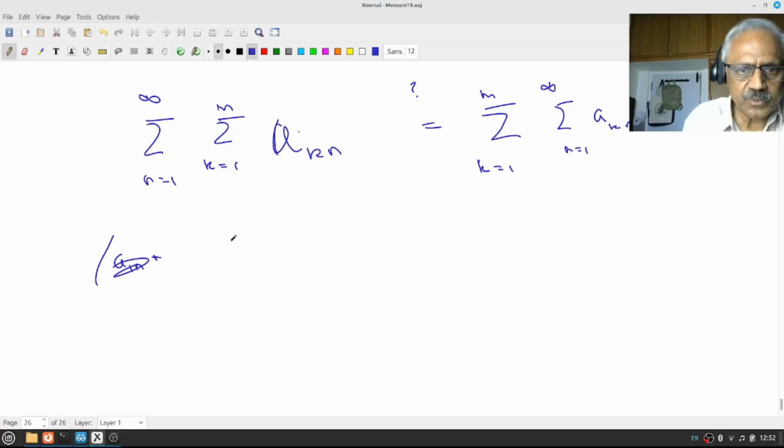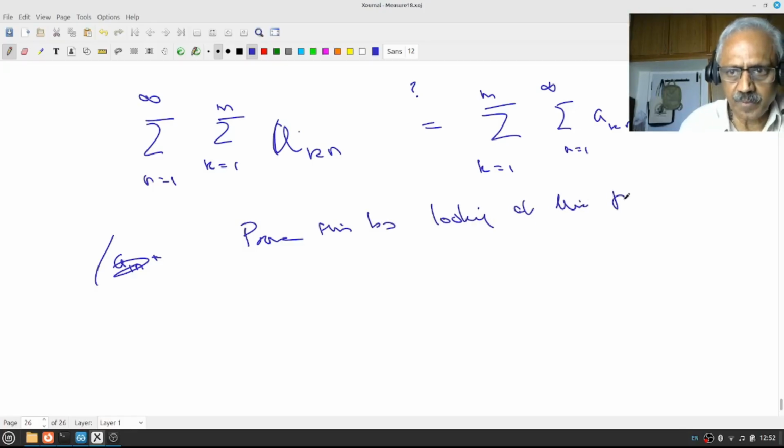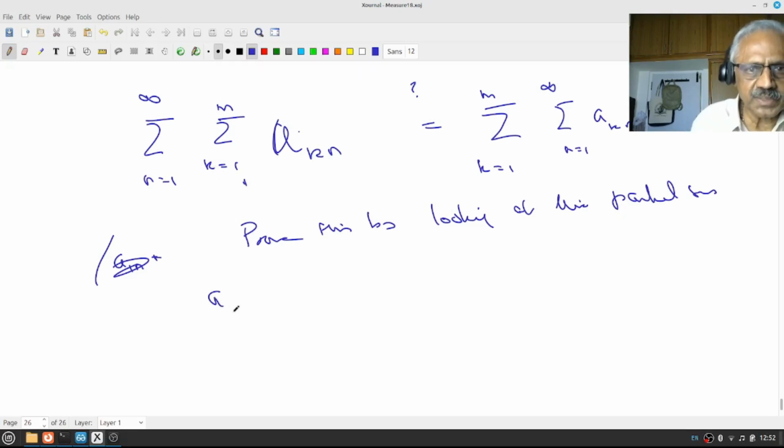Now, the way to do it, you have to prove this by looking at the partial sums. What is the partial sum of this? The partial sum of this is going to be k from 1 to n, right? Then only n has to vary.